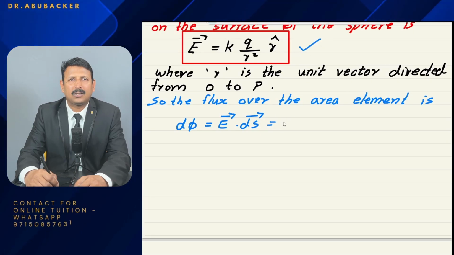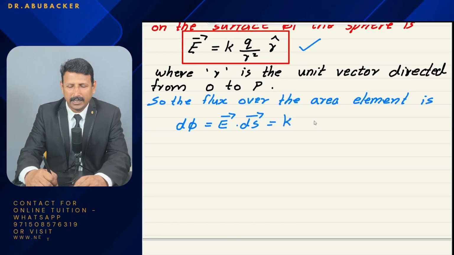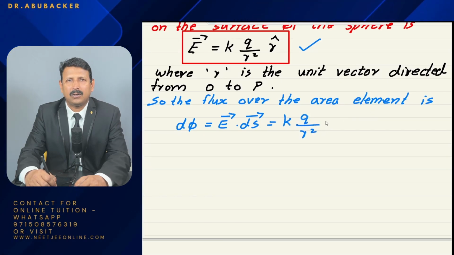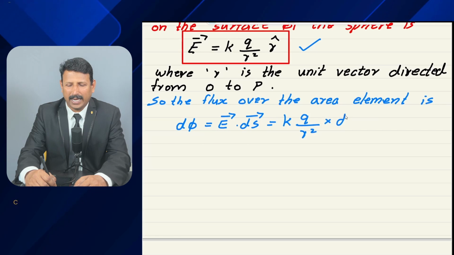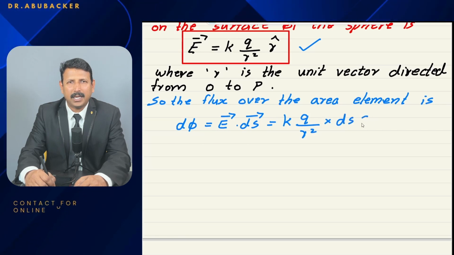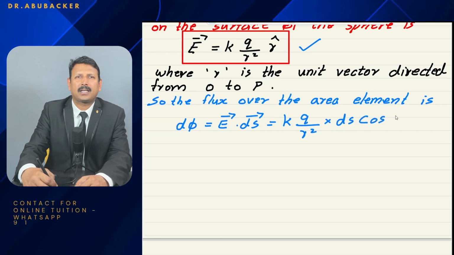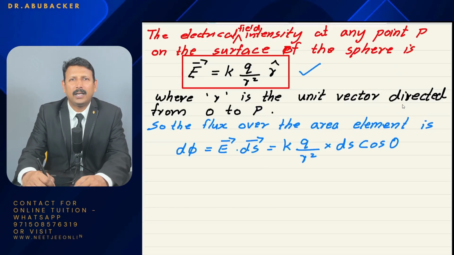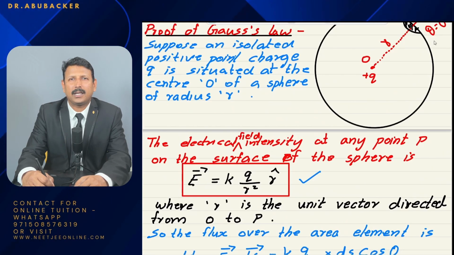So the flux over the area element is d phi is equal to E dot ds, and substitute the value of E in that place. So kQ by r square, r cap we can write last, into ds, which is actually ds cos theta when you write in scalar form.